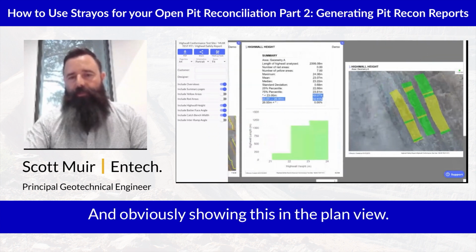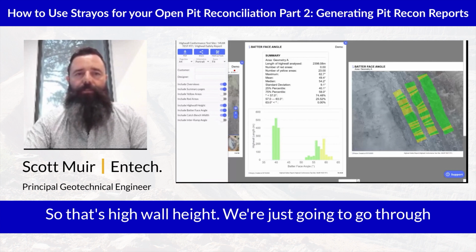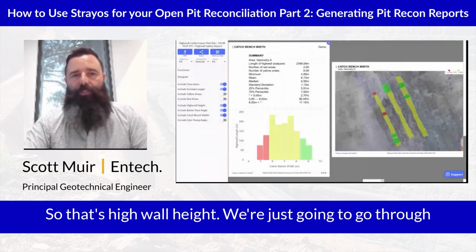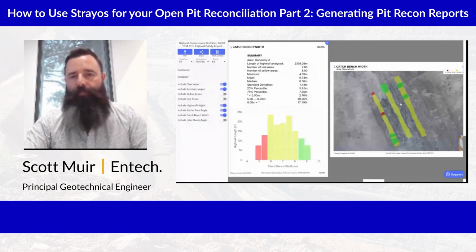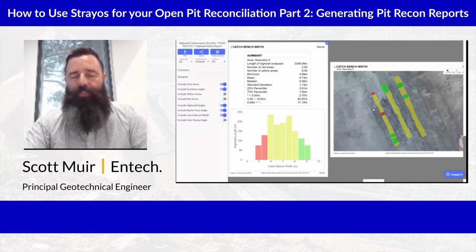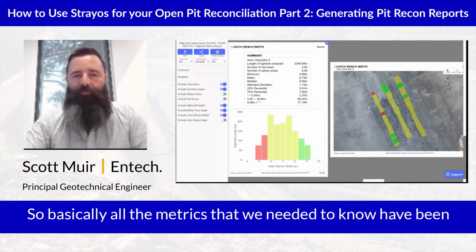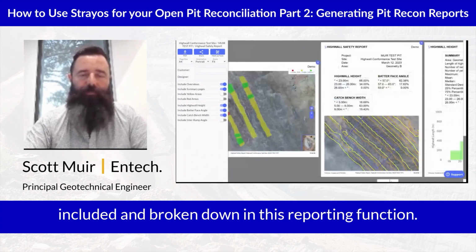And obviously showing this in plan view. So that's high wall height. We step through into bench face angle, and then catch bench width as well. So basically all the metrics that we needed to know have been included and broken down in this reporting function.